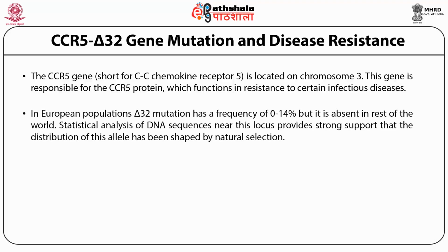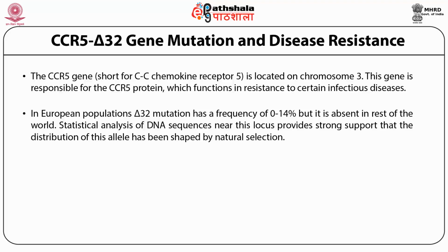In European populations, the Delta 32 mutation has a frequency of about 0 to 14%, but it is absent in the rest of the world. Statistical analysis of DNA sequence near this locus provides strong support that the distribution of this allele has been shaped by natural selection.